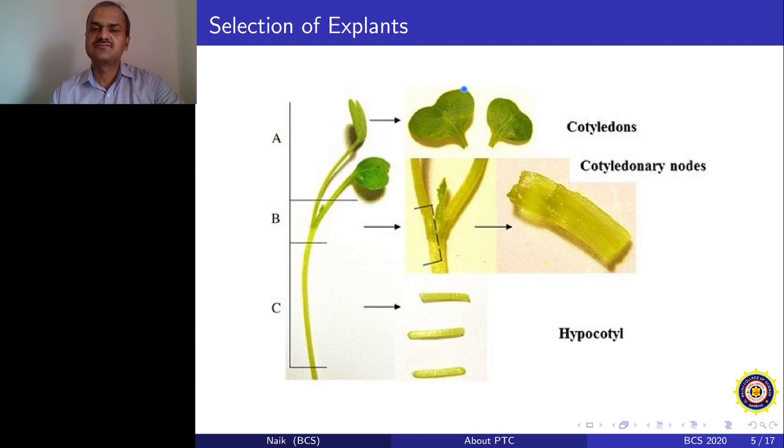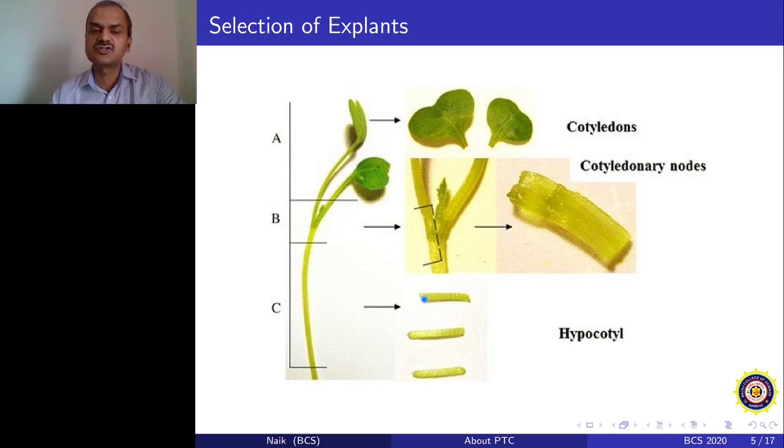If that explant is free from contaminants, then you will have a callus culture. Similarly, especially what we found in tomato, if you inoculate these hypocotyls on MS basal with 2 milligram per liter BAP plus 0.1 milligram per liter NAA, or sometimes kinetin, on those media formulations, you will have adventitious shoot formation.